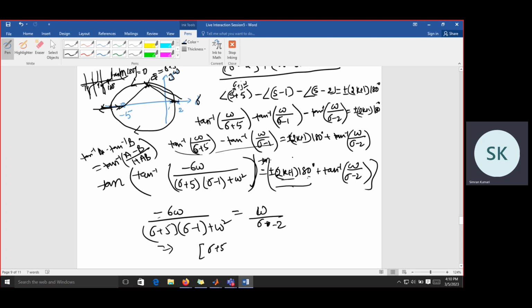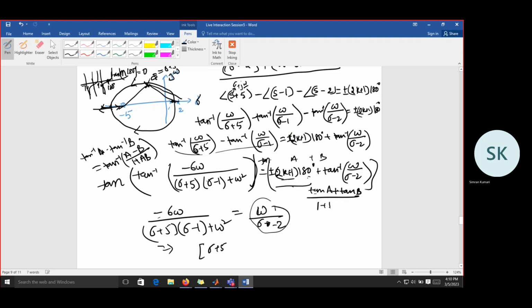Since this is tan (a plus b), we have to apply it accordingly, and we'll simplify this. So you can check this one.